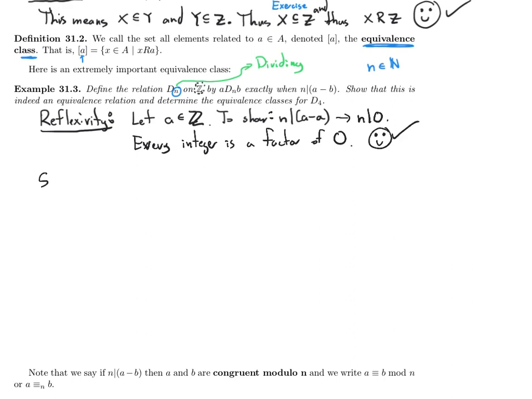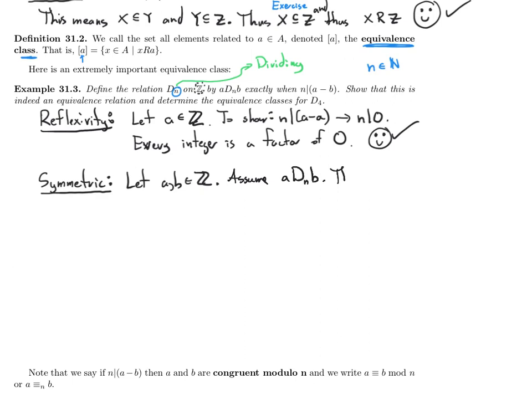Okay, let's do symmetric. We want to show that this is symmetric. So again, let's pick two elements, a and b. We want to assume that a is related to b, and we want to show that if that's the case, then b is related to a. So let a and b be integers, and assume the if part is true, so a is indeed related to b.